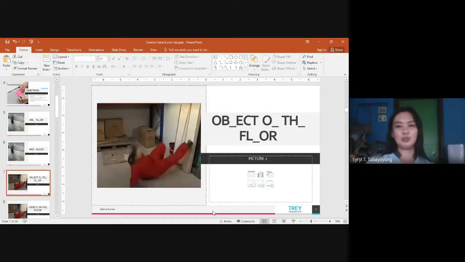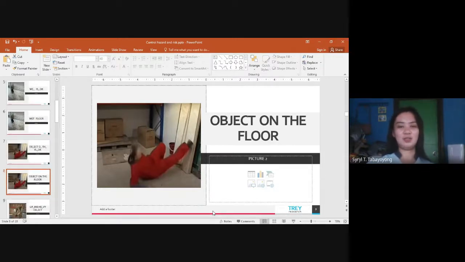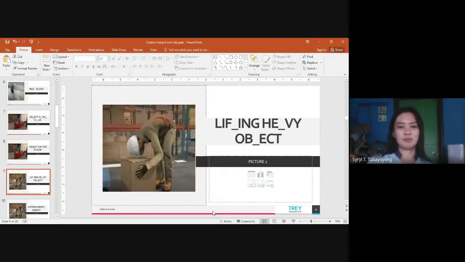For number two, any volunteer, you can raise your hand. Yes, Mika. Great job. Your answer is object on the floor. It's correct. And for the last picture, yes, Roper.